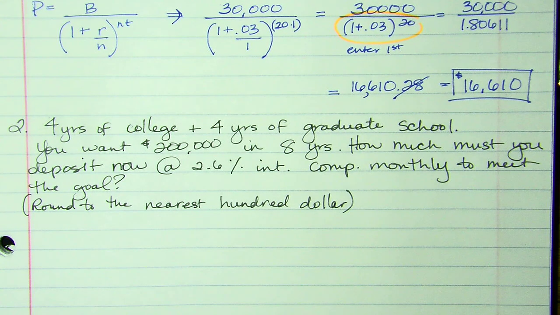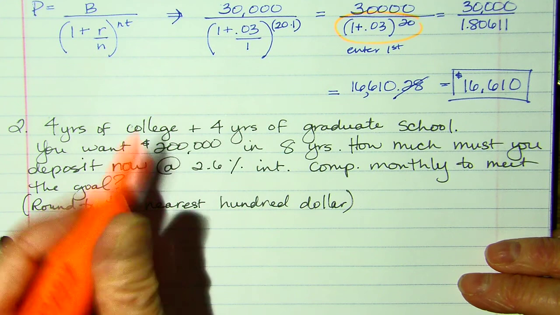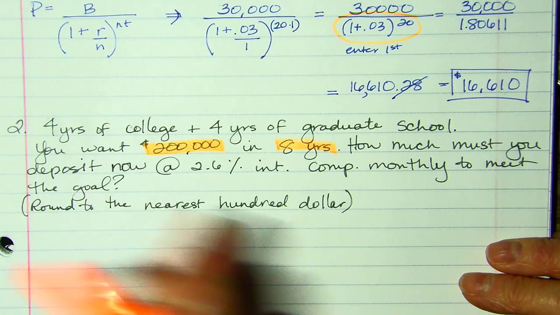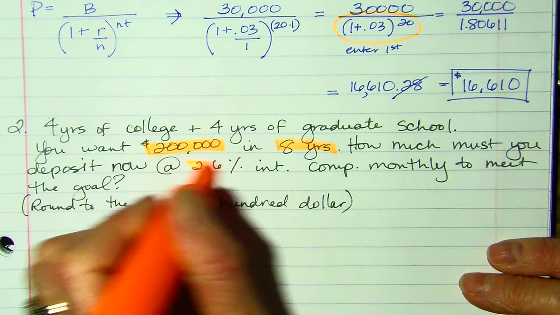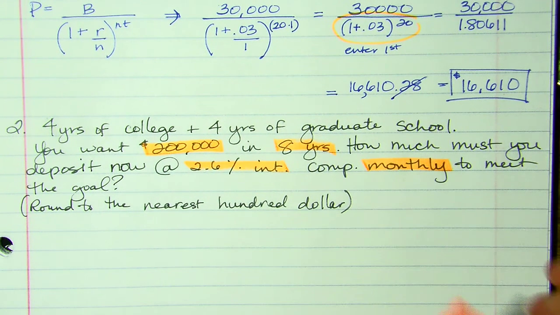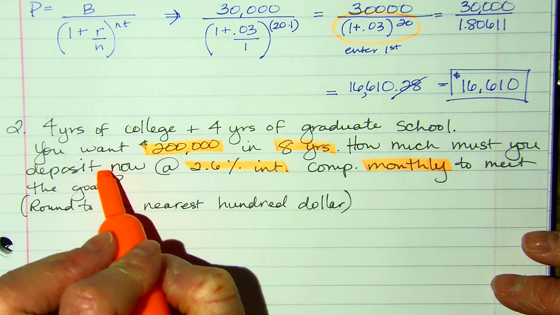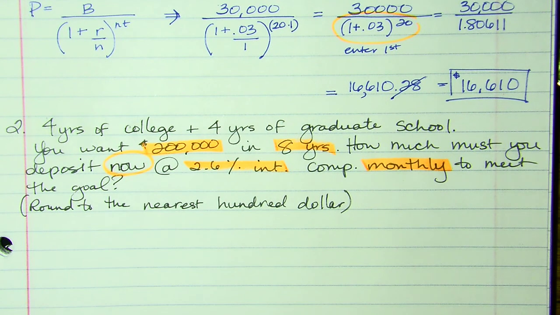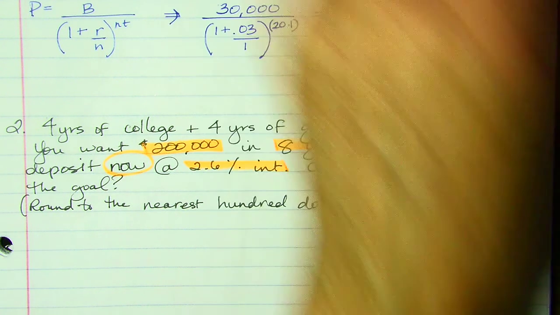All right, so let's talk about this equation. I want 200,000 in 8 years, because 4 plus 4. Here's my interest rate monthly, and it says how much must I deposit now. So that's how I know I'm talking about present value. How much must you deposit right now is a single deposit, so again, I'm using that single deposit formula.